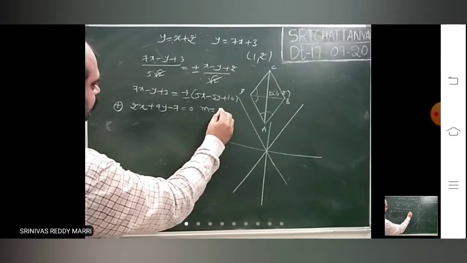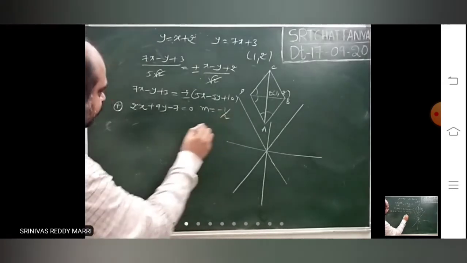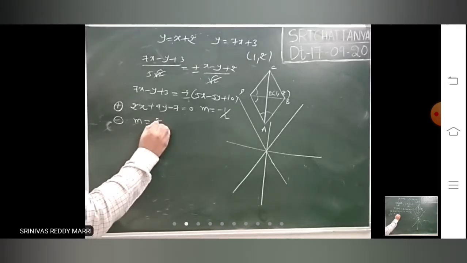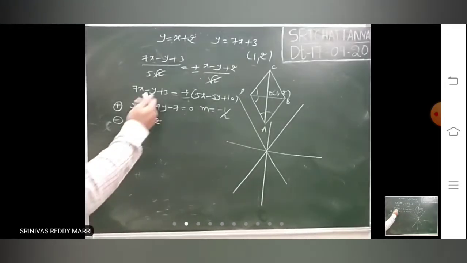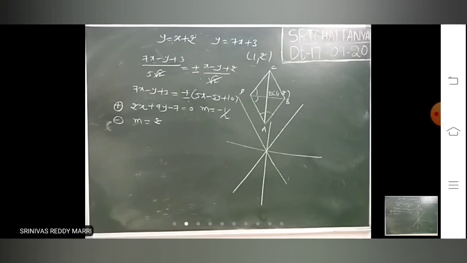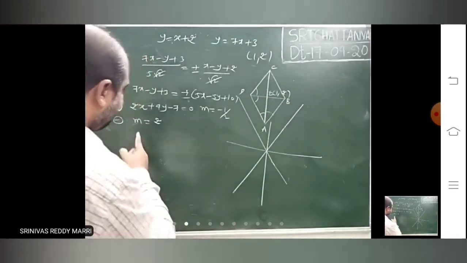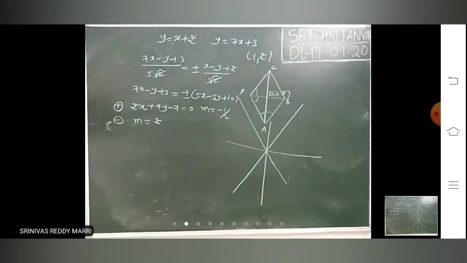Slope is what? m is minus 1 by 2. And if you take minus, obviously you will get the perpendicular slope. Write the line, you will get 2. So therefore, the slopes of the diagonals are minus 1 by 2 and 2.